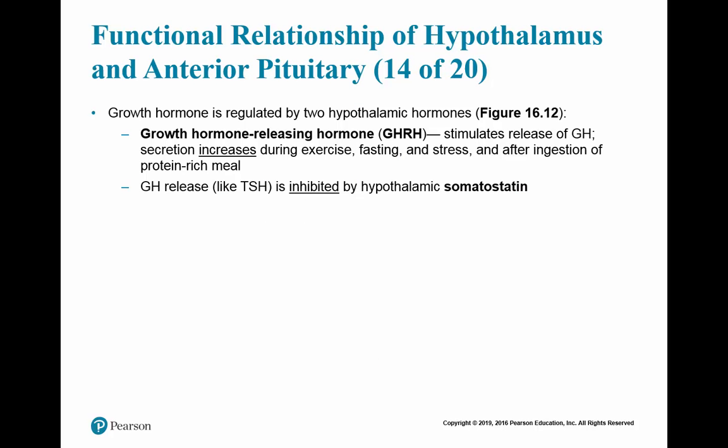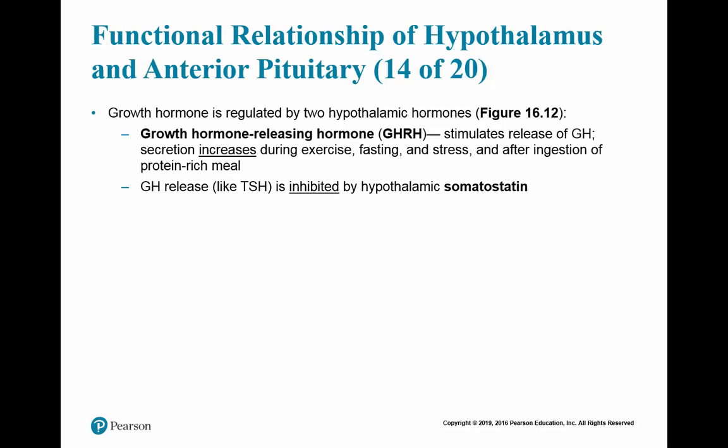The growth hormone is regulated by 2 of your hypothalamic hormones. Growth hormone releasing hormone from the hypothalamus causes the anterior pituitary to release growth hormone, which then goes to the liver and causes the release of growth factors.